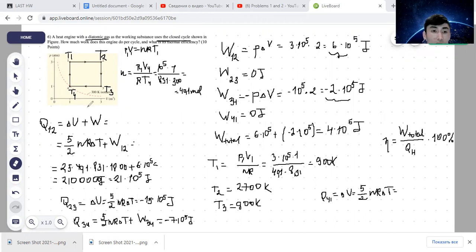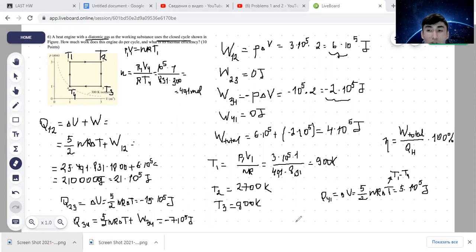Delta T is T1 minus T4, not T4 minus T1. So let's write the result of calculation. Here it will be 5 times 10 to the power of 5 joule.